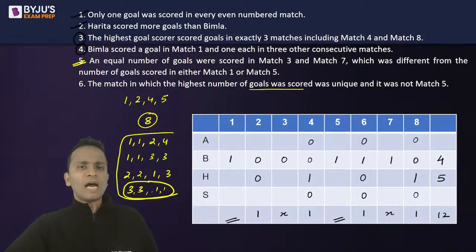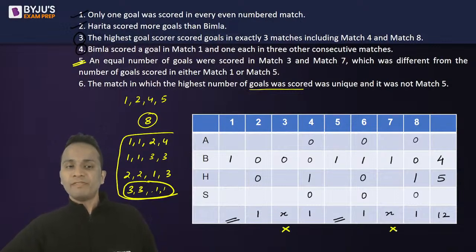I want the match in which the highest number of goals was scored to be unique, so I cannot keep 3 and 3 here. Because 3 should be a unique number. That means the highest number of goals are not scored in match number 3 and match number 7. So the value of x cannot be 3, 3.